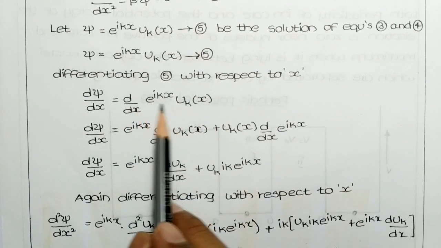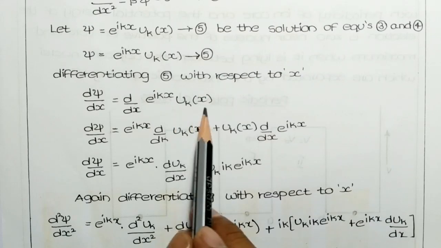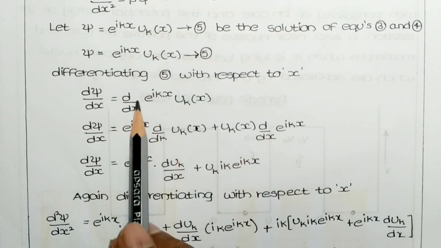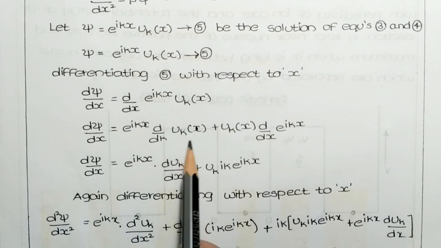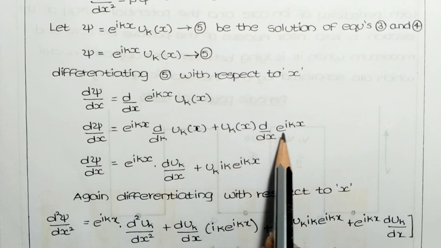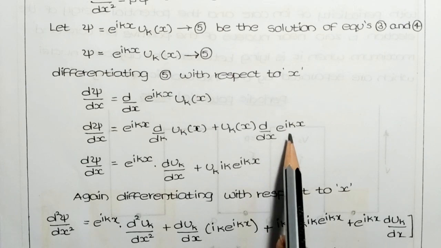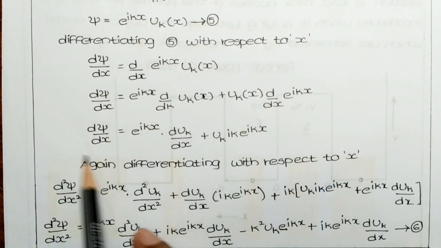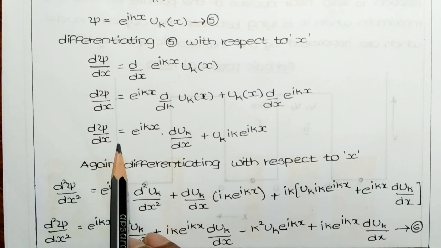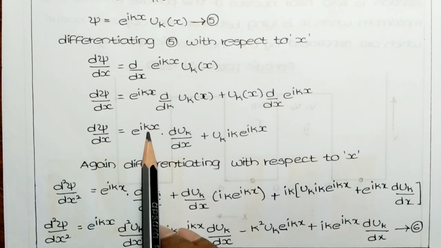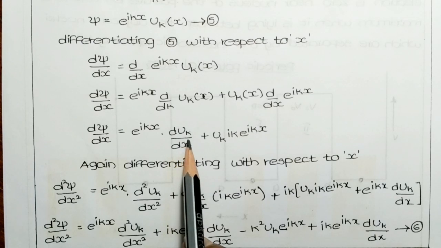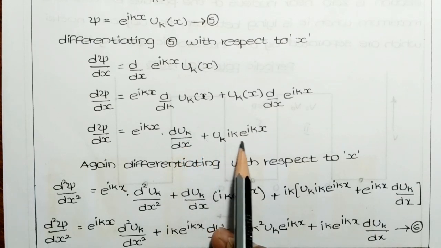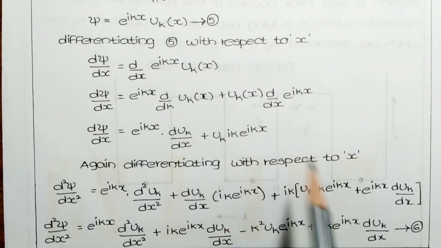This is like u, this is v. Then we get e^(ikx) d/dx of u_k plus u_k d/dx of e^(ikx). Then this becomes dψ/dx = e^(ikx) du_k/dx + ik u_k e^(ikx).